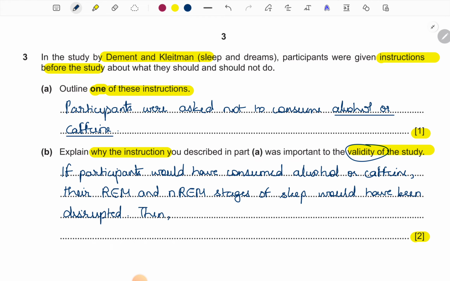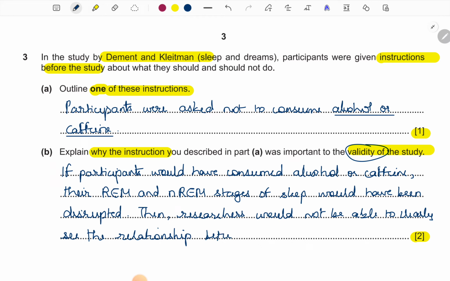Then researchers would not be able to clearly see the relationship between REM stage and dreaming, reducing validity of results.